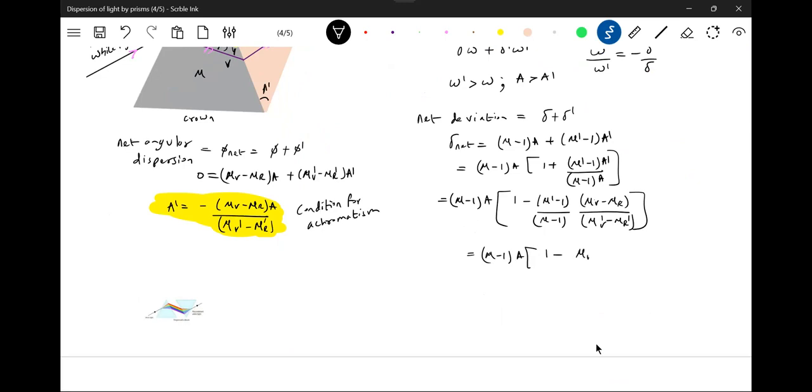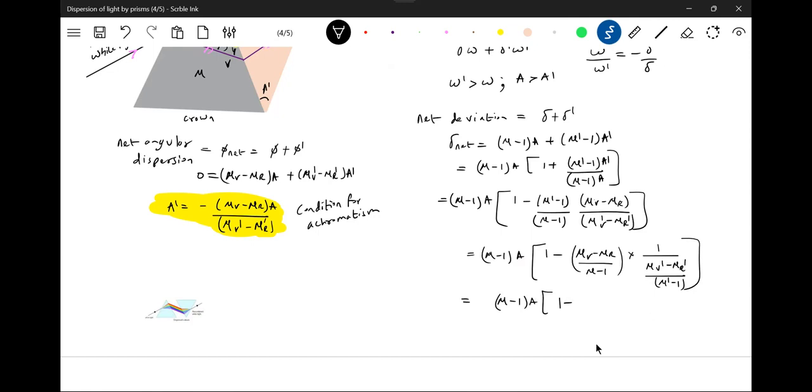1 minus mu V minus mu R by mu minus 1 into... What is mu V minus mu R?